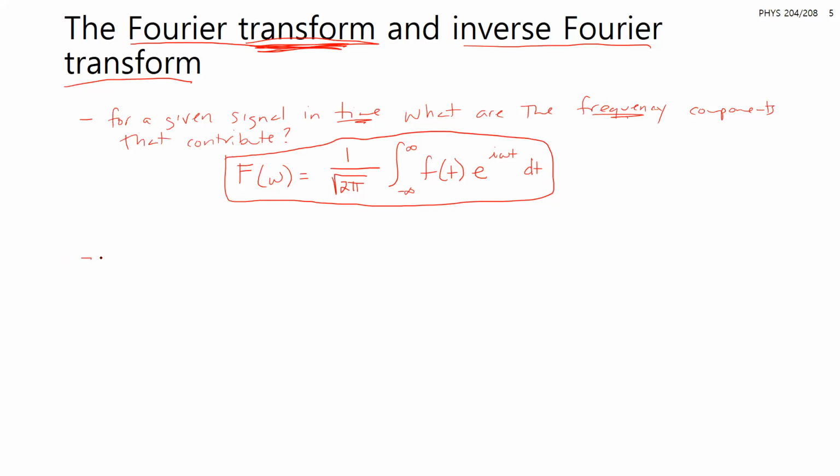So I'm going to say this is FT, and I'll say this is IFT. An inverse Fourier transform is the opposite of that. So for a given signal in frequency, what are the time components that contribute?